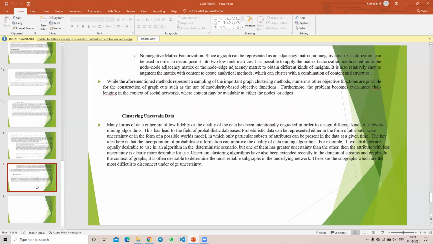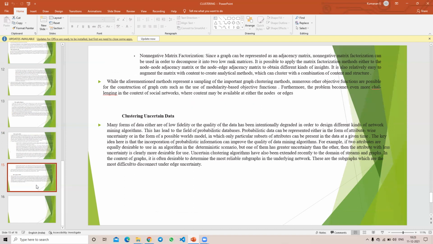Non-negative matrix factorization. Since a graph can be represented as an adjacency matrix, non-negative matrix factorization can be used in order to decompose it into low rank matrices.